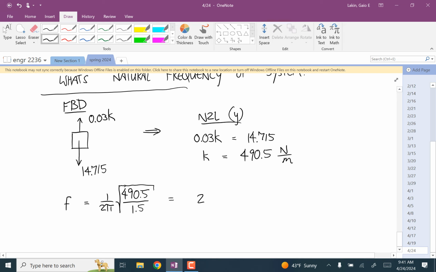Okay, 2.88. The units would be 1 over seconds, so this is hertz. So that's 2.88 cycles per second. Okay, so that's oscillating pretty fast.